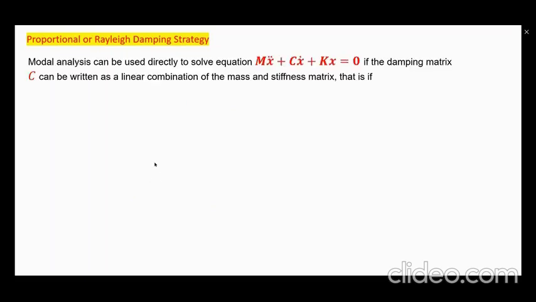although this modal damping is fine and it's widely used in practical applications, there is an alternative approach called the Rayleigh damping strategy. Now notice that first of all, M and K, if I ignore damping, if I ignore this middle term, I can make a transformation in which M becomes diagonal and K becomes diagonal.